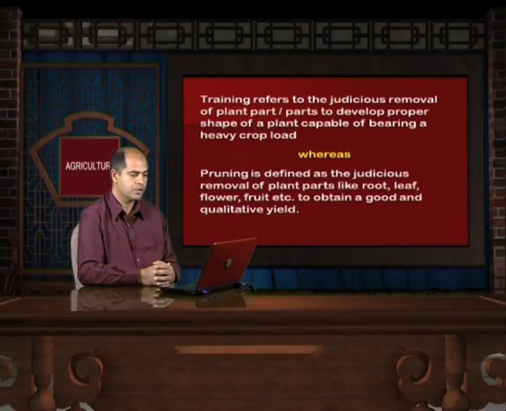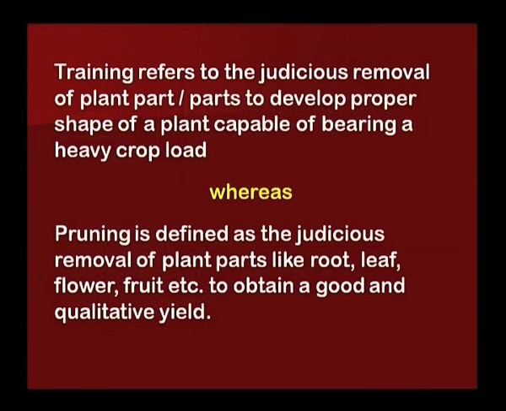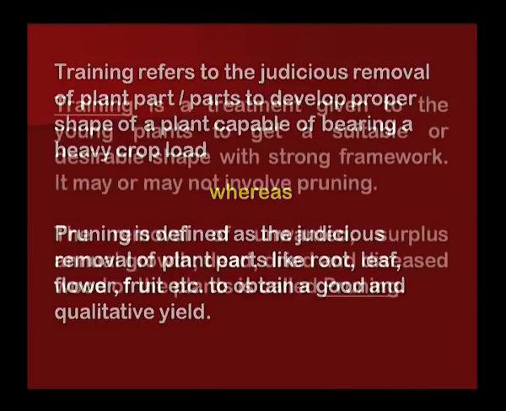Training refers to the judicious removal of plant part or parts to develop a proper shape of a plant capable of bearing a heavy crop load, whereas pruning is defined as the judicious removal of plant parts like root, leaf, flower, fruit, etc. to obtain a good and qualitative yield.